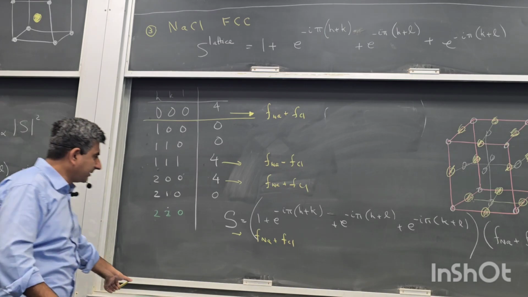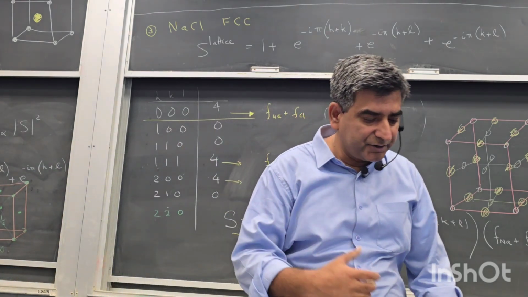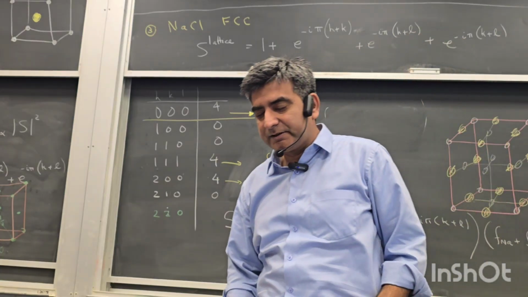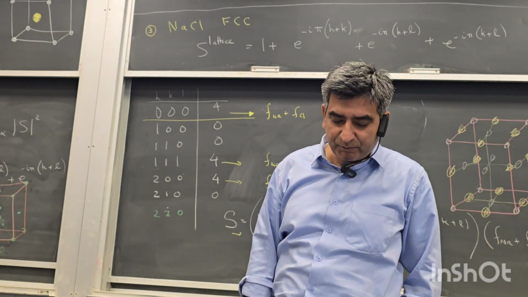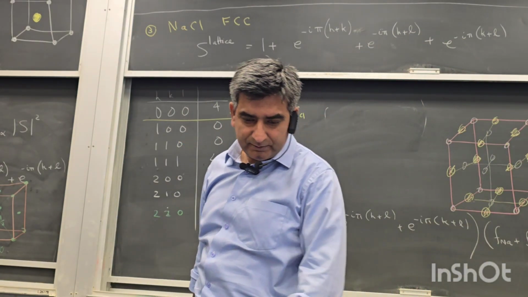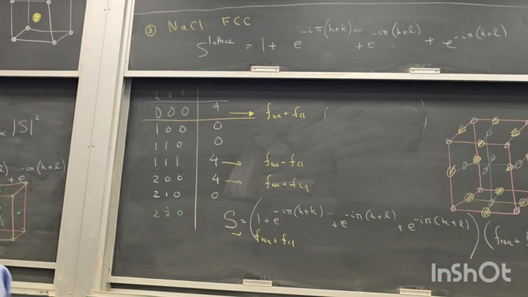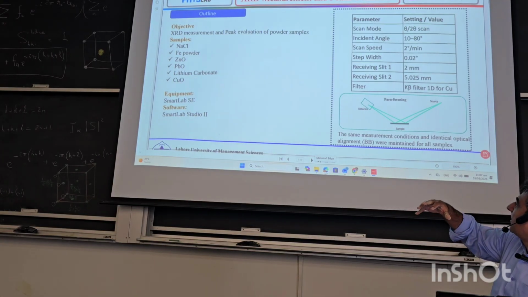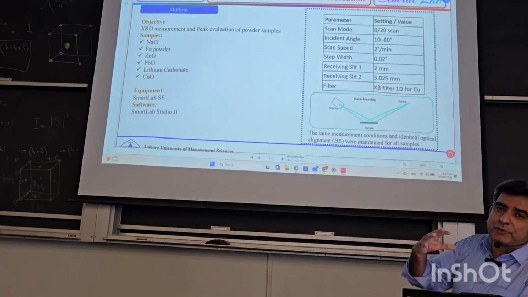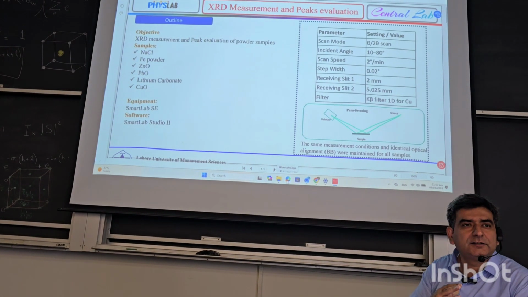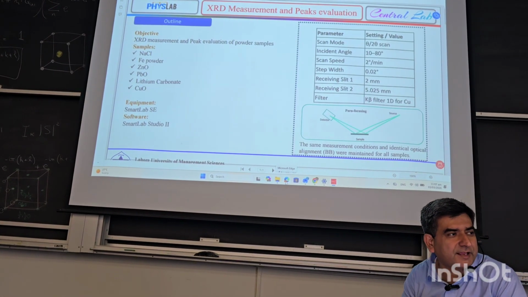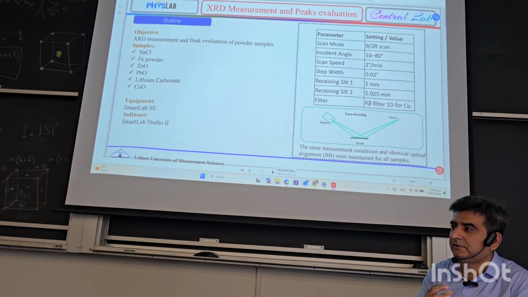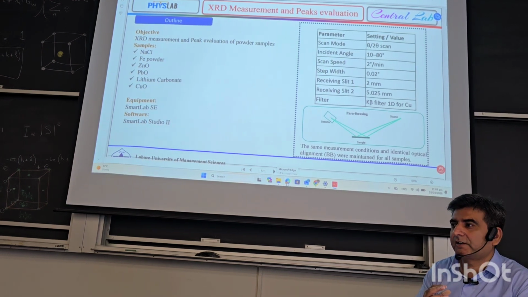So let me give you some examples. In our laboratory we took some data for sodium chloride and some other substances, and let's see what that data looks like. Here you have X-rays scattered off the sample, and what you're measuring is the intensity of X-ray detections versus theta, the scattering angle.